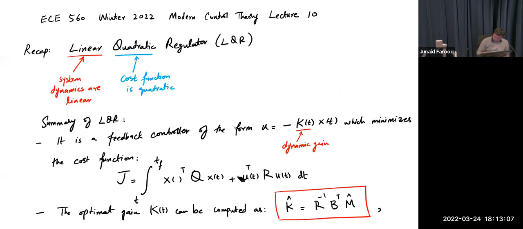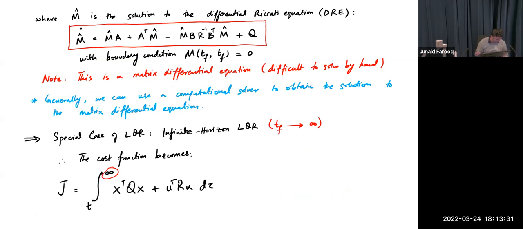Everything here will be tau, because that's a dummy variable. Okay, so t is here. Generally it is an integral from t to tf, and if you make tf go to infinity, that becomes an infinite horizon LQR problem.